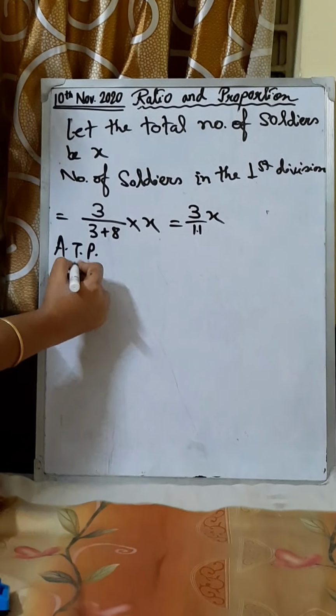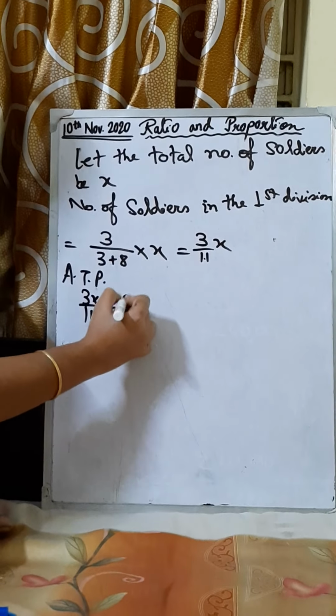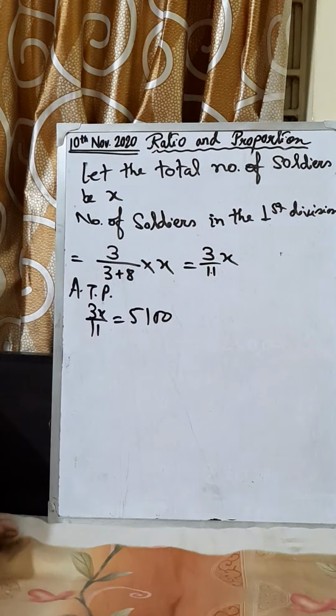Then we can say that 3X by 11 equals 5100.